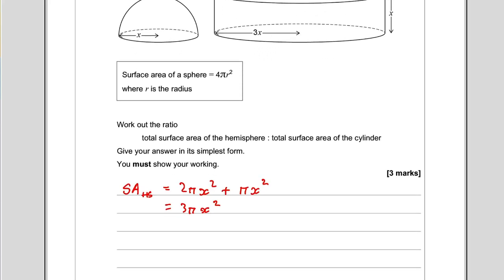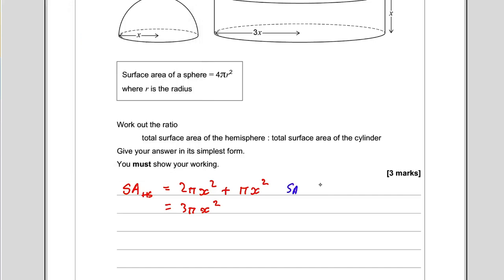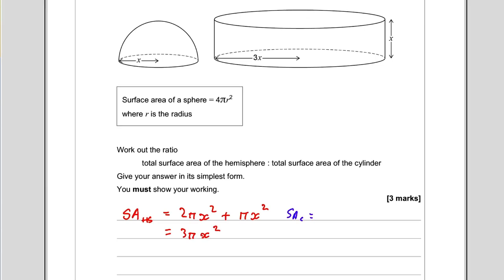Right, the surface area of the cylinder, we'll change pen colour for this, we'll go blue. So the surface area of the cylinder is going to be equal to 2 lots of the circle, so that would be 2 times pi times r squared, which is 3x squared, plus the curved surface.